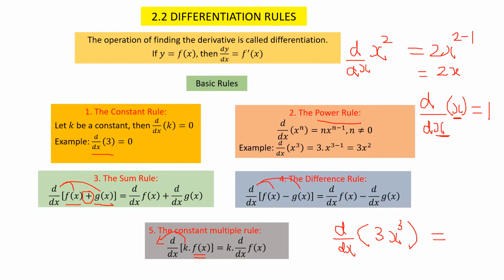Take this number 3 outside, times the derivative of x power 3. The derivative of x power 3 is nothing but 3 times x power 2. So my final answer will be 3 times 3, 9x to the power 2.